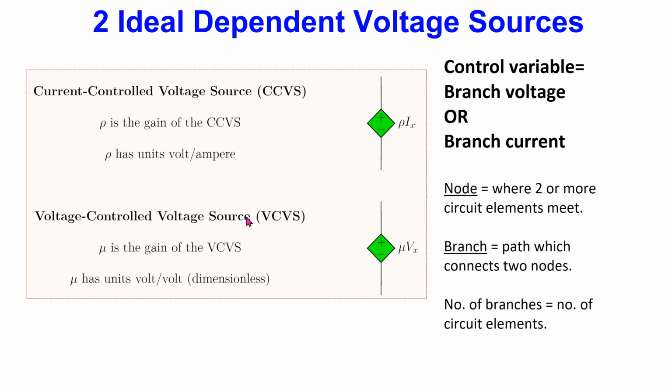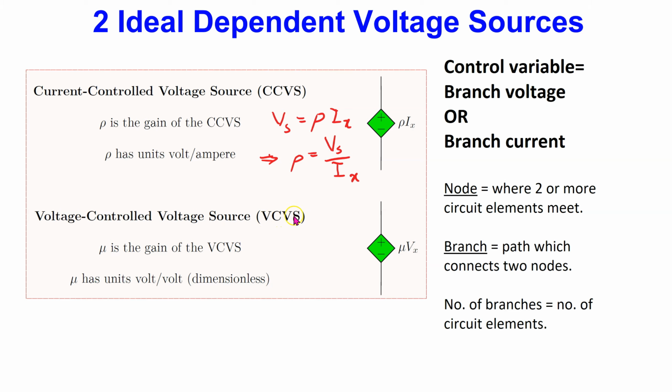Let's look at the multiplying factors and the control variables in more detail. For a current-controlled voltage source, the controlling variable Ix is a branch current, meaning it is the current flowing through some circuit element that is part of the circuit to which the dependent source is connected. For a current-controlled voltage source, the multiplying factor ρ has units of volts per ampere, that is resistance.